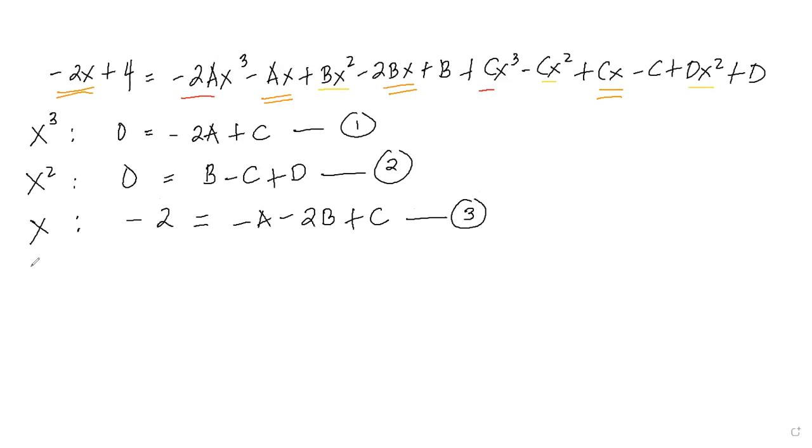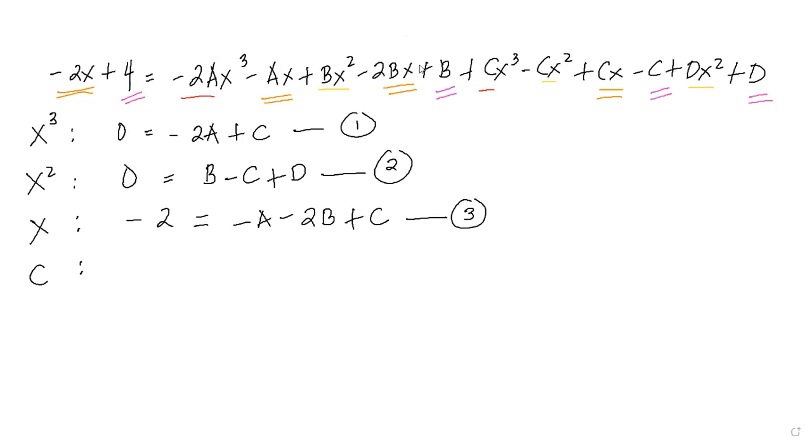The last would be your constants. So for the constants, we have the 4, constant b, and we have the c, and we have the d. Okay? So hopefully I have everything.